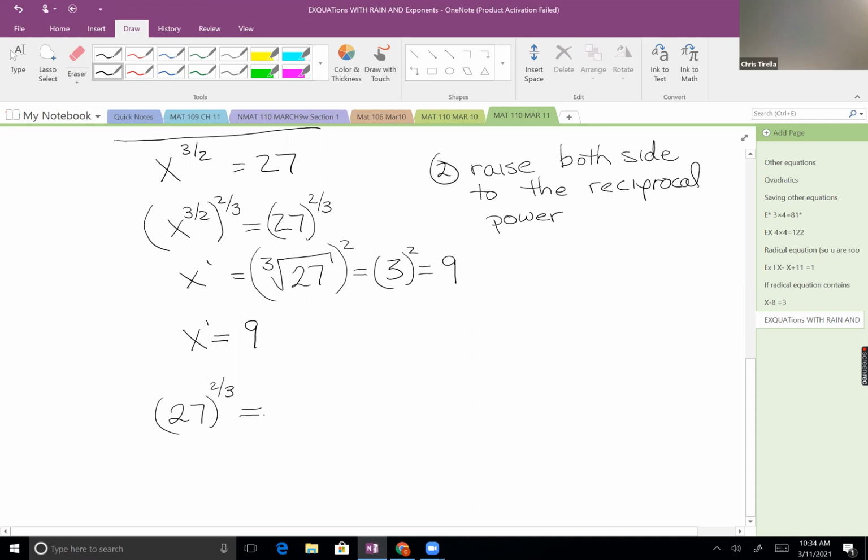In order to do that with a calculator, I'd type in my 27. I'd use my caret or whatever key you need to get an exponent. But because that exponent is a fraction, I want to put it in parentheses. My exponent is 2/3, so I'm going to take 2 and divide it by 3, close the parentheses and hit equals.